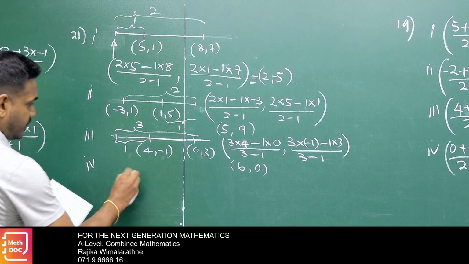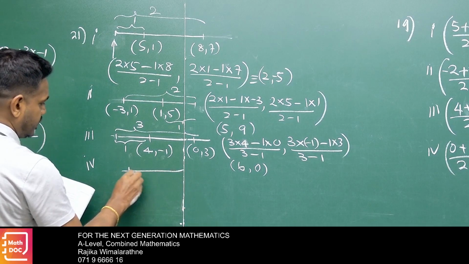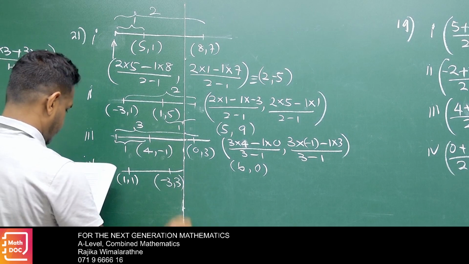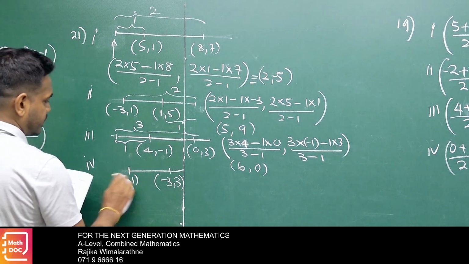Fourth, here (1, 1), (minus 3, 3). 3 to 1 external division from the first coordinate 3, no?